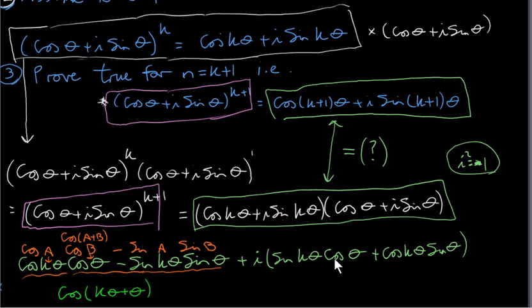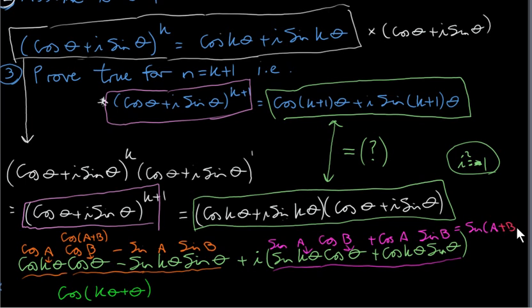Now let's look at the imaginary part. This expression here has the form sin A cos B plus cos A sin B, where A is equal to k theta and B is equal to theta. And this expression here is identical to sine of A plus B, where A and B are any angles. So we can write down the imaginary part as sine of A plus B, where A is k theta and B is theta.